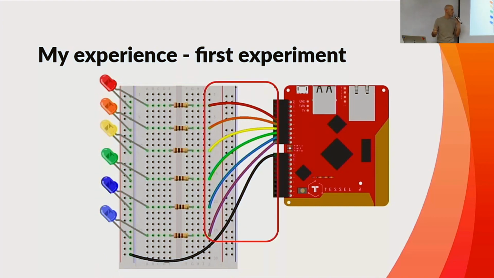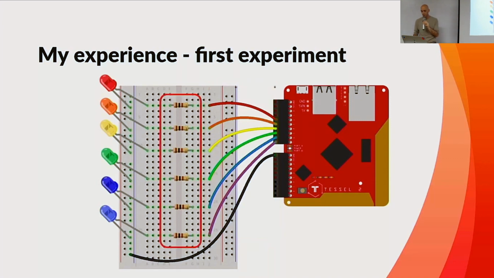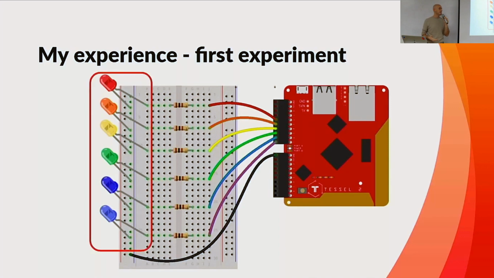These are all jumper wires that connect the Tessel to the breadboard in order to pass the electricity. These are resistors. Resistors are useful to keep the flow of electricity under control so that you don't burn everything down. And here we have LEDs, in different colors. LEDs have two legs. The longer one goes on this side, because it receives the electricity, and it's called the anode.